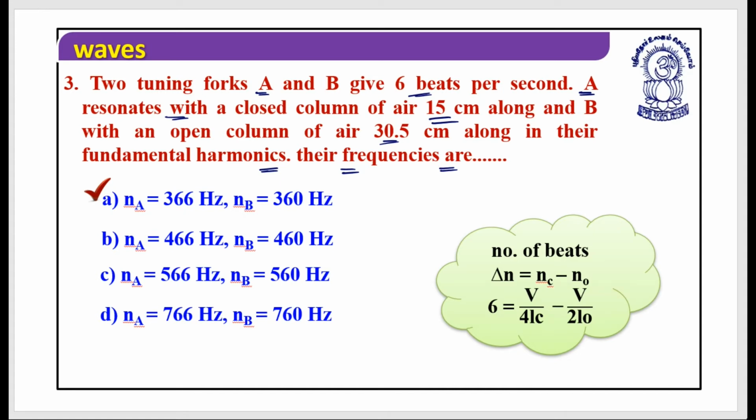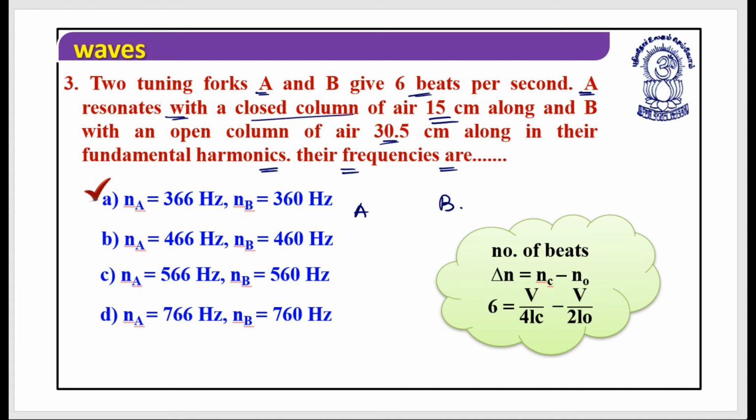So how should we do this? As you understand, there are two tuning forks, one is A, this one is B, and they give 6 beats per second, and A resonates with a closed column.